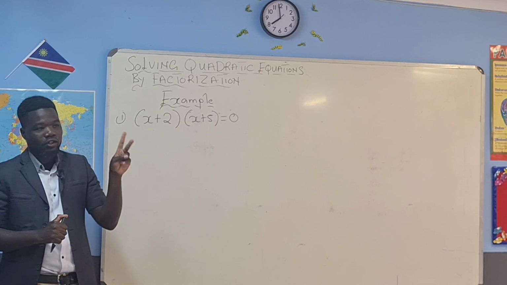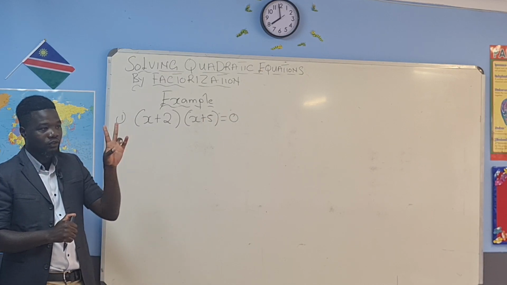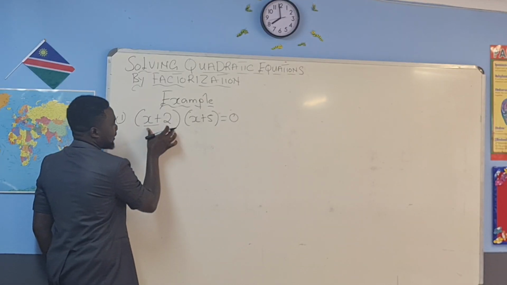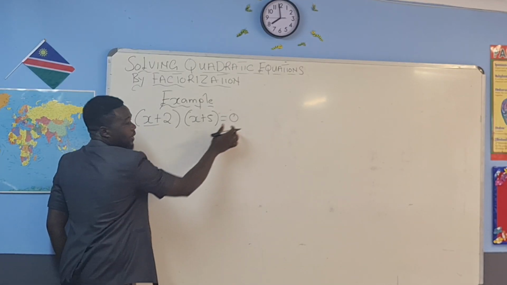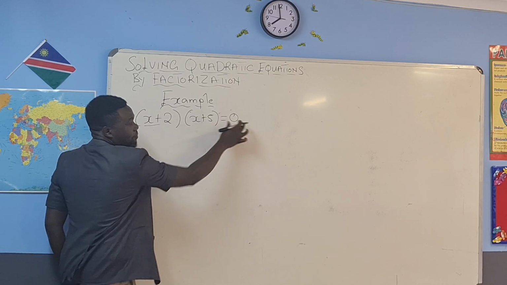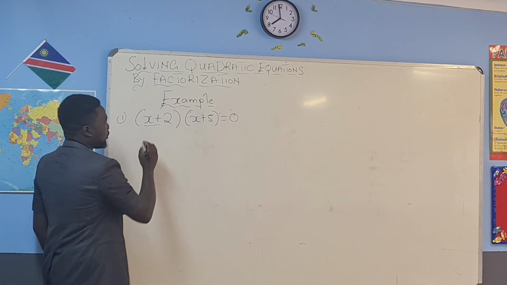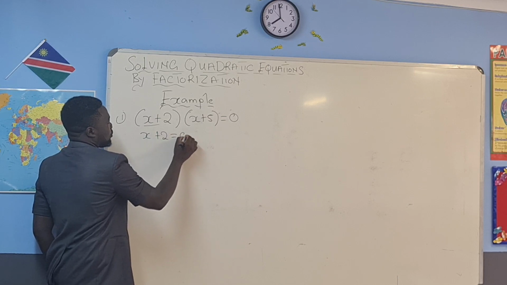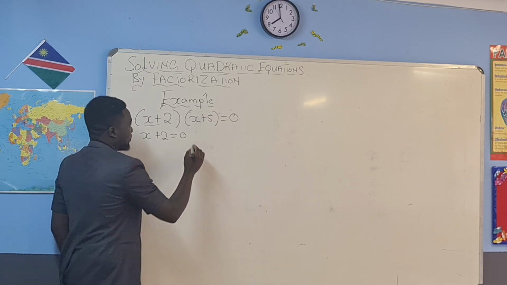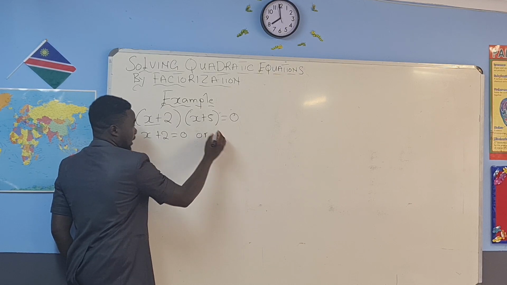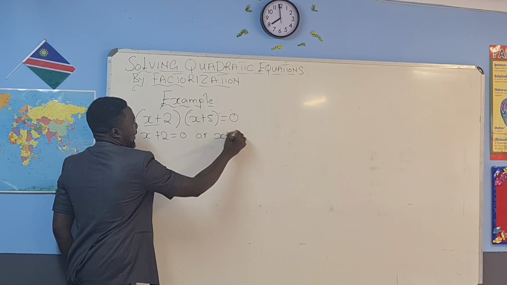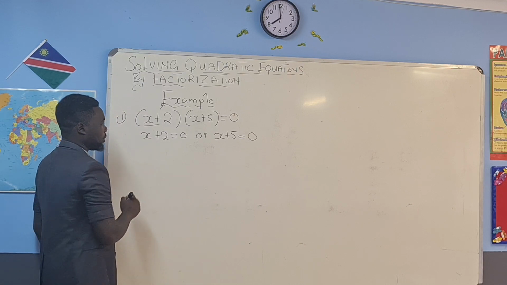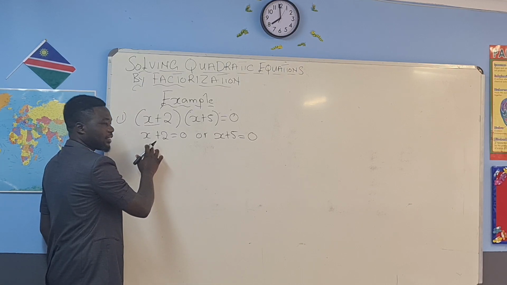You're supposed to have how many solutions? 2. So what you are going to do is equate this term in the brackets to 0, and this one to 0. So you are going to say x plus 2 is equal to 0, or x plus 5 is equal to 0. Are we together? Therefore, we are going to look for x.